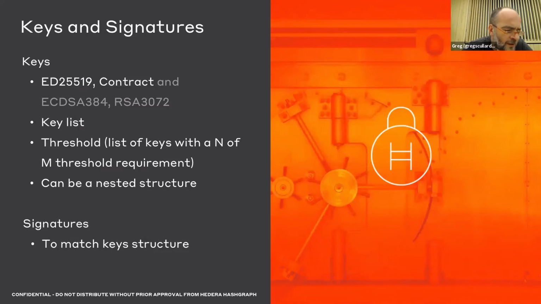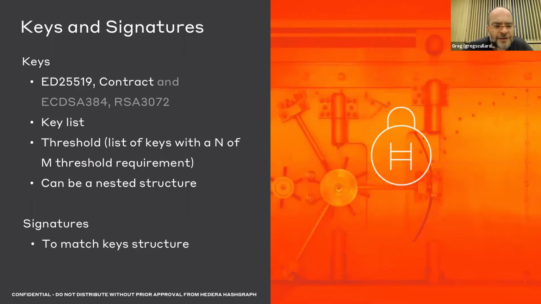One of the key features of Hedera Hashgraph is its ability to be multi-sig out of the box. If Andy, Andrew, and I, who are on this call, wanted to set up a common fund, and all three of us wanted control over outgoing transactions from the account, we could set up a key list, a multi-sig account. And all three of us would have to sign for any outgoing transactions from this particular account.